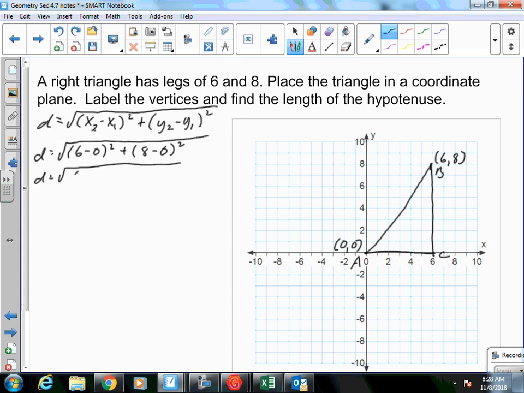So 6 minus 0 is just 6 squared, 8 minus 0 is 8 squared. 6 squared is going to give us 36, 8 squared, 64. And 36 plus 64 gives us the square root of 100. Everybody knows the square root of 100 is 10. So that would be the length of our hypotenuse, 10 units.